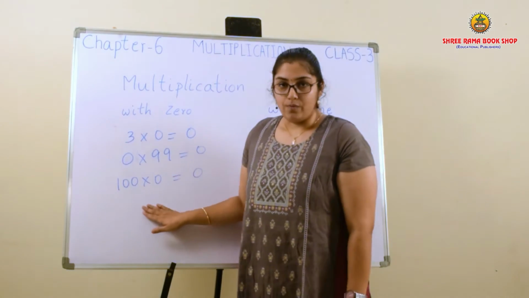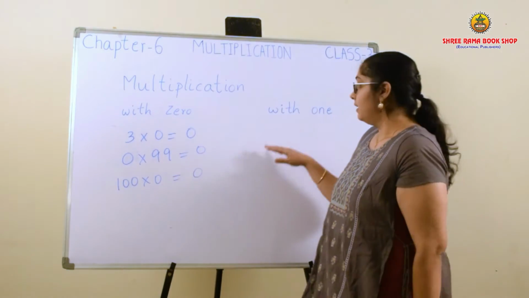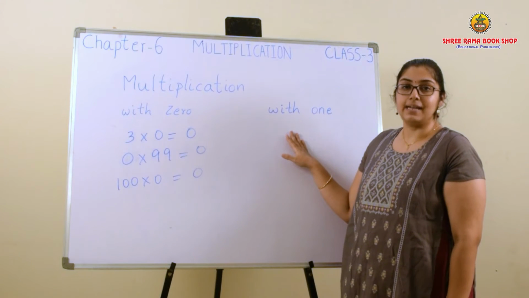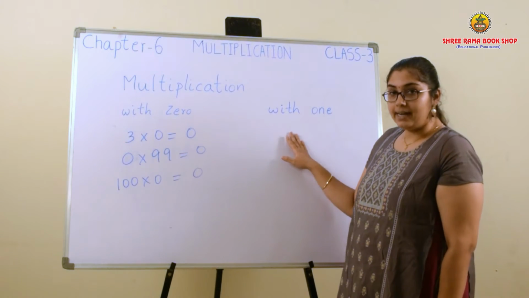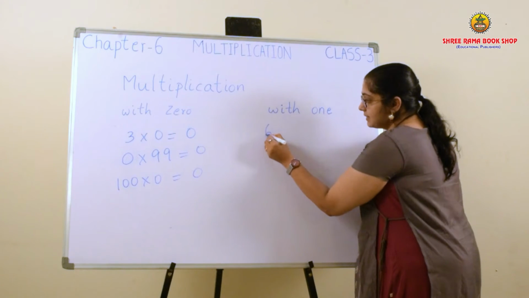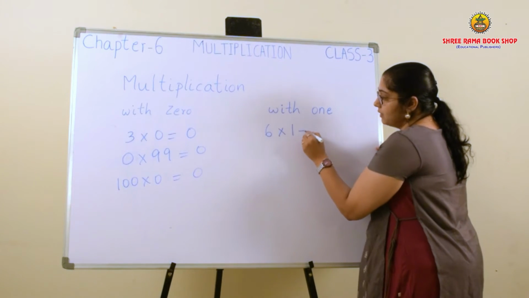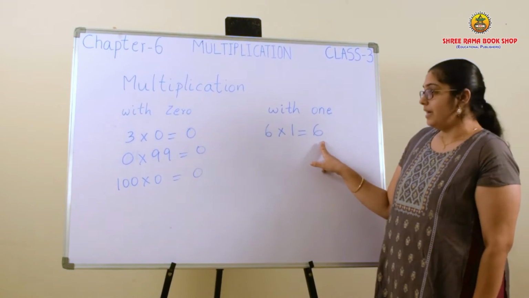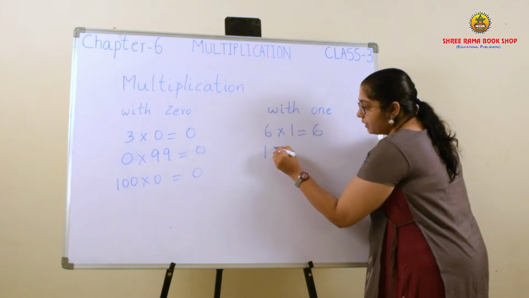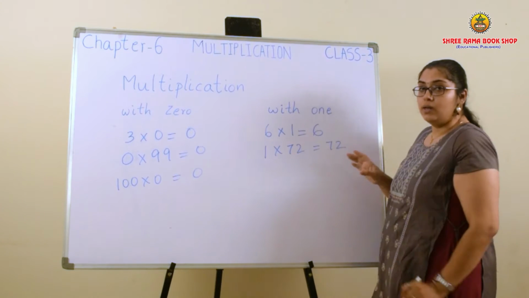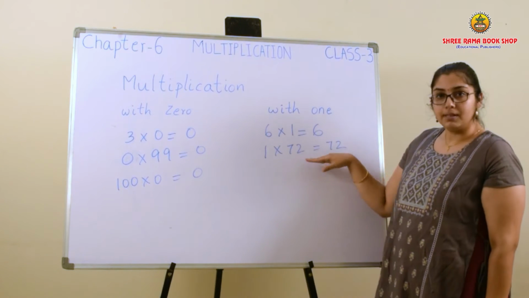In a similar way, we have learned that if I multiply a number with 1, then the answer is the number itself, right? Let me take some examples. If I take the number 6 and multiply it with 1, then the answer is the number itself, that is 6. If I take 1 into 72, then the answer is 72 only, because it's the number itself.